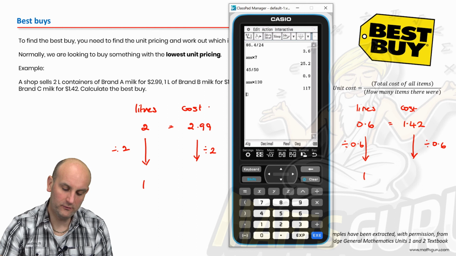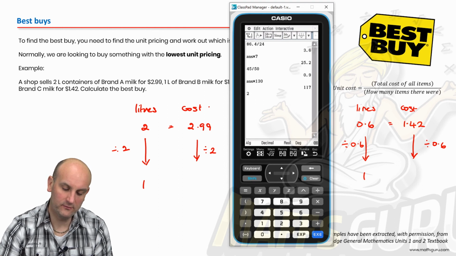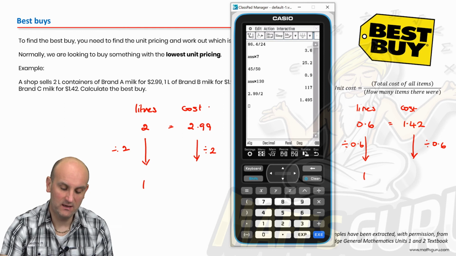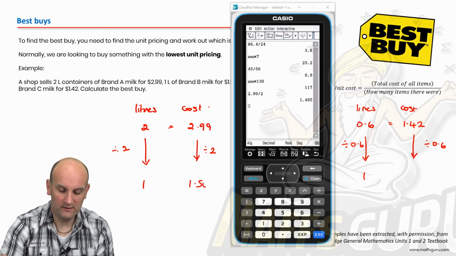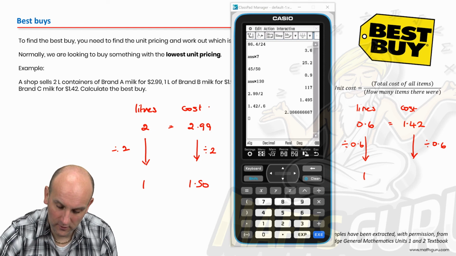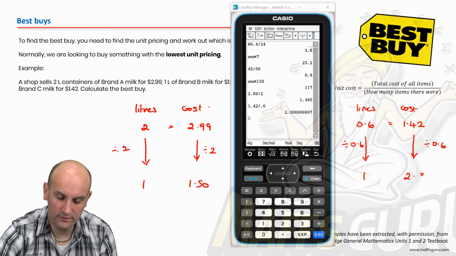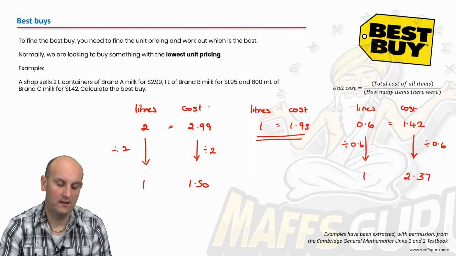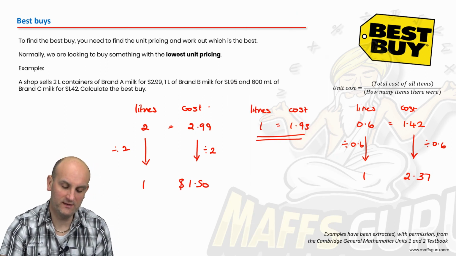So I've now got to do 2.99 divided by 2 gives me $1, and rounding to 2 decimal places because it's money, 50 cents. So $1.50. What about this one? 1.42 divided by 0.6 gives me $2.37.